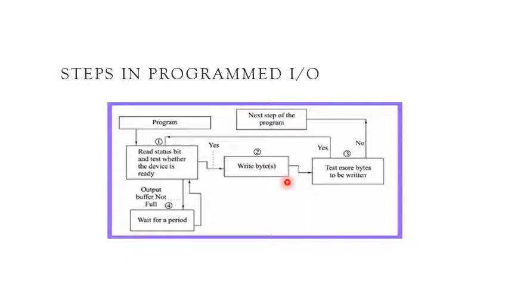The I/O module will perform the requested action based on the I/O command issued by the processor. It can be a read or write, and it sets the appropriate bit in the I/O status register. This process is repeated, and the processor periodically checks the status of the I/O module until it finds that the operation is completed.